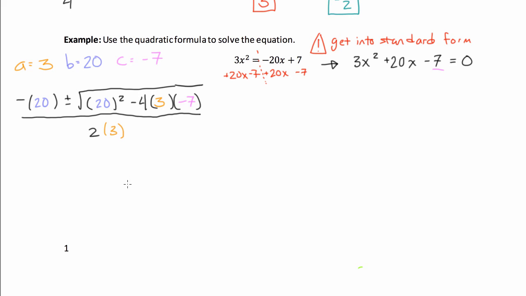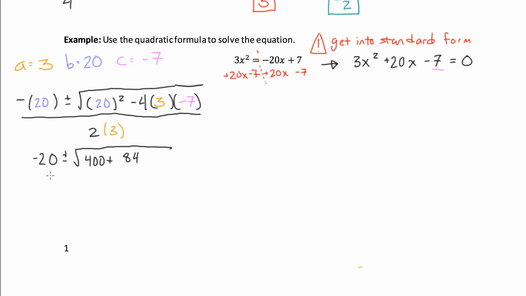Okay, so again, I am going to simplify. The opposite of 20 is negative 20, plus or minus the square root of 20 squared, which is 400. And now because of that subtraction and this product is going to be negative, that's going to be plus. Let's see, 21 times 4 ends up being 84.